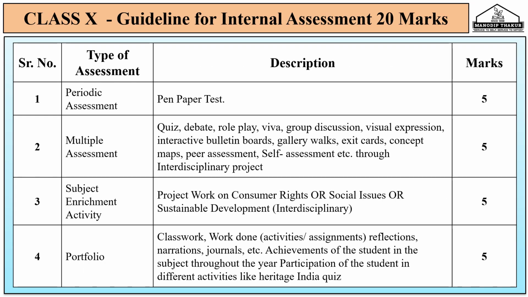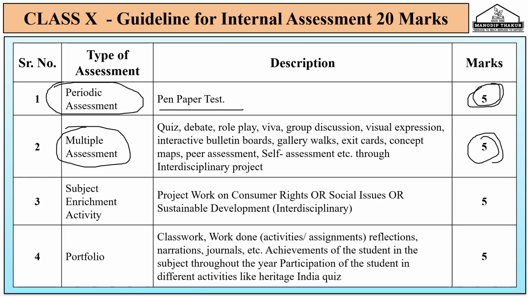Now, the internal assessment of 20 marks. 5 marks are entirely given for the periodic assessment at school level. Throughout the year, whatever examinations you appear for at school level, all those marks, out of 40 or 80, will be converted into 5 marks. Then 5 marks are for multiple assessment.